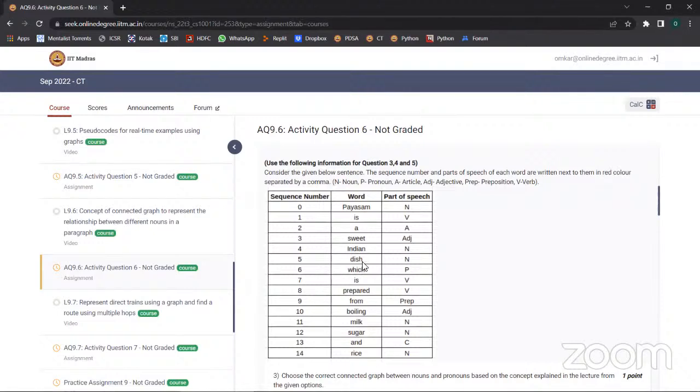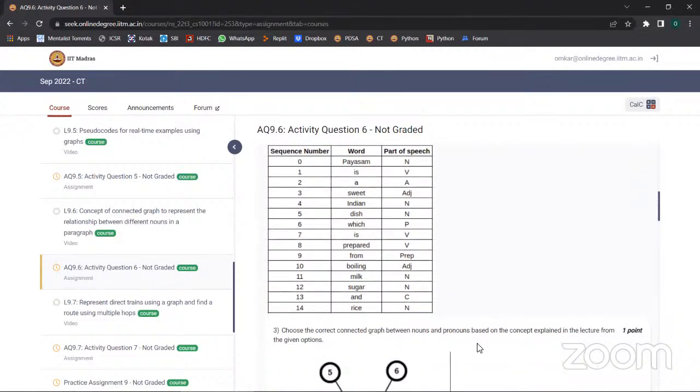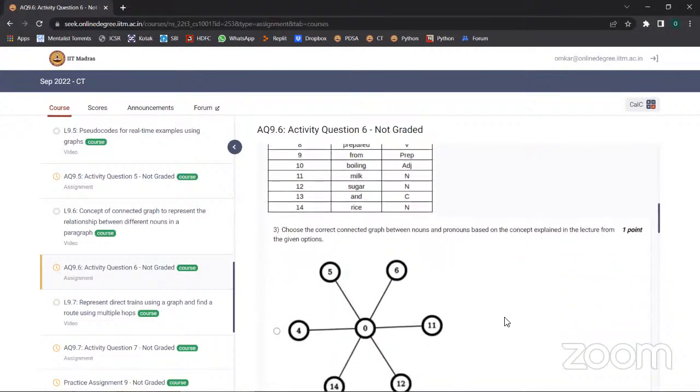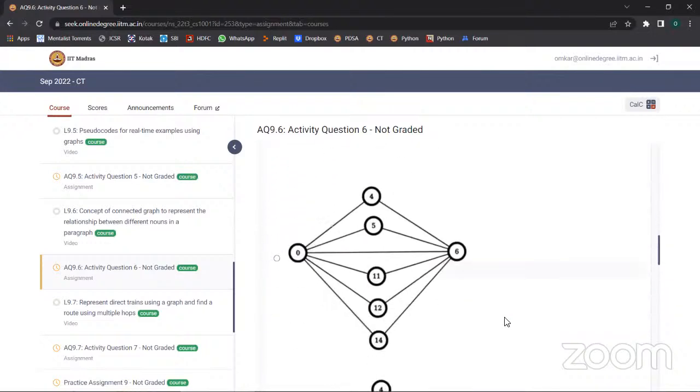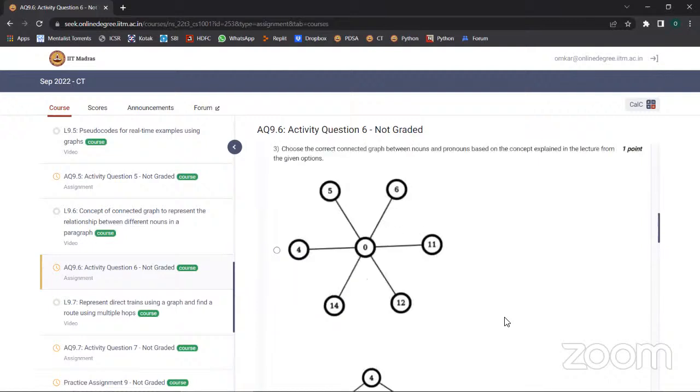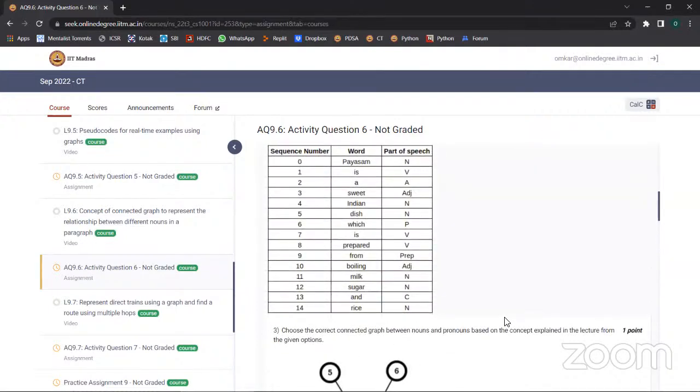And apart from that, not just nouns, any other part of speech can also be connected to some noun, right? Just like paisam is connected to everything because paisam is made of milk, sugar, and rice.